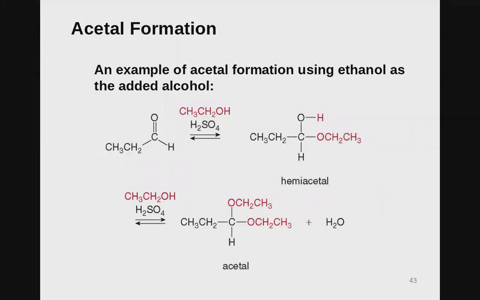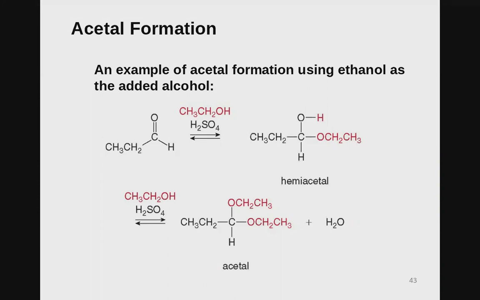So let's use an example here. We have a very simple aldehyde. It reacts with ethanol in the presence of sulfuric acid. And you can see that we tack on essentially OCH2CH3, right? This part here, and we get a hydrogen here as well.